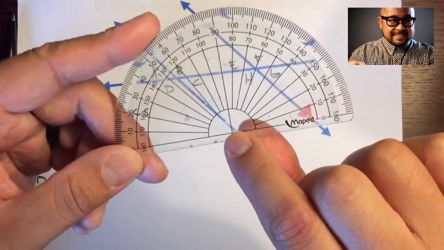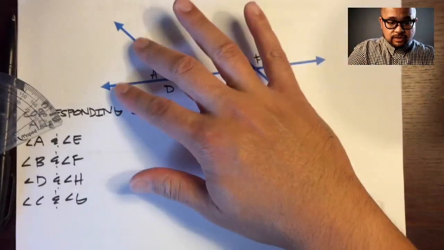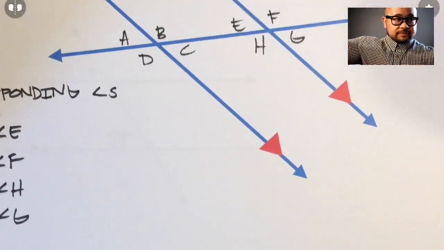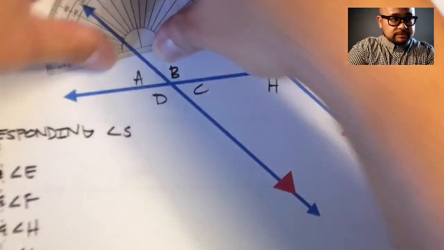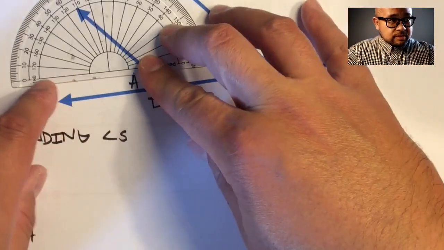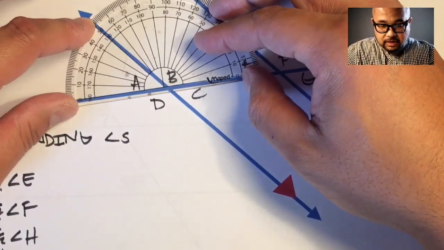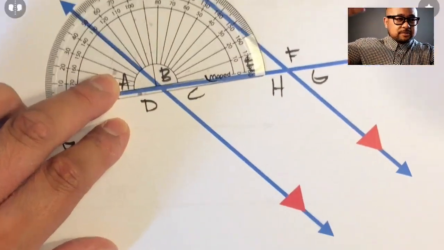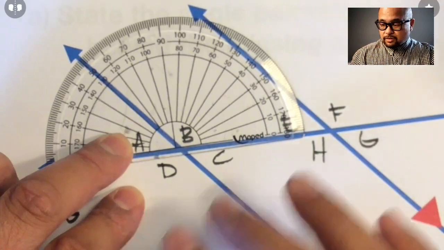We're going to place that center of the circle on the vertex, where these two lines meet on angle A. We'll put it right there, and then we'll also line up this horizontal line with this horizontal line right there. Then let's zoom in and see what the measure is of angle A.